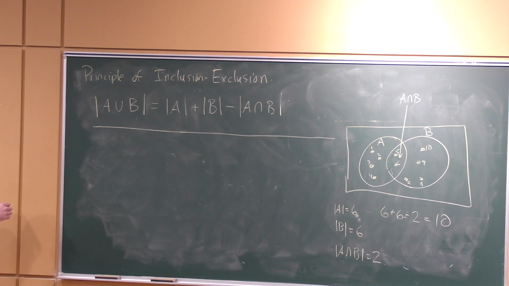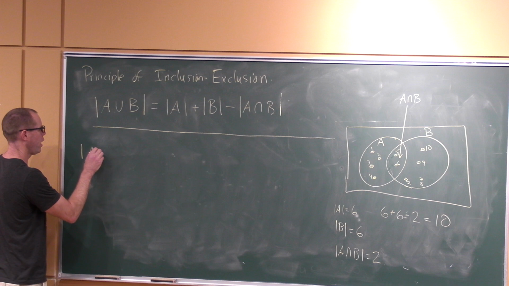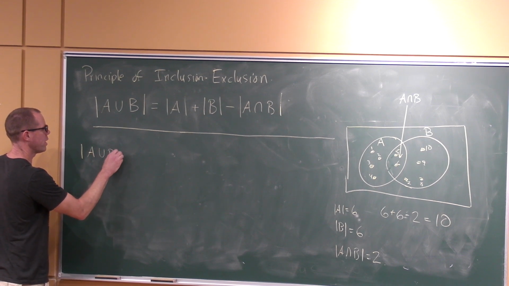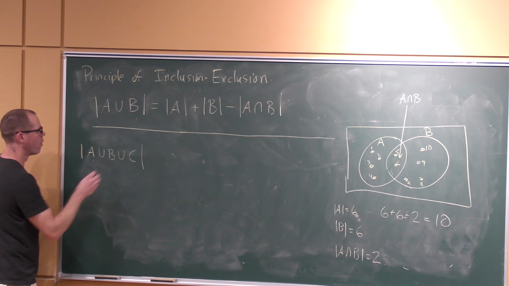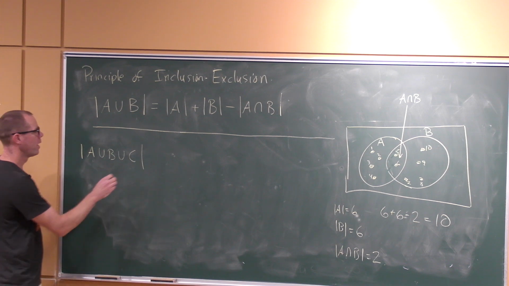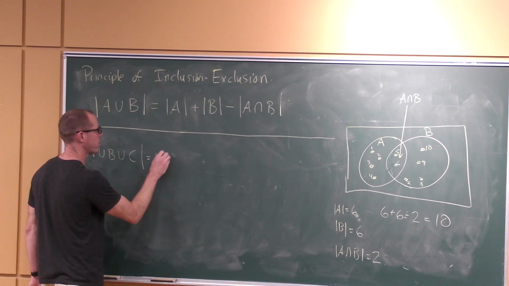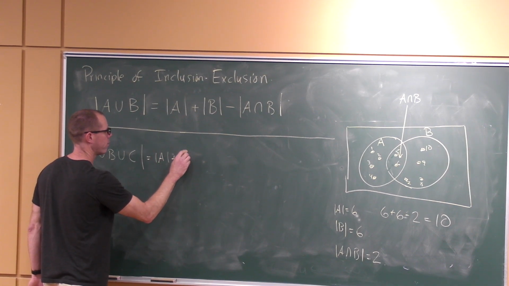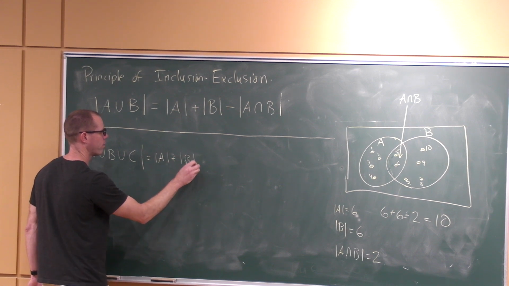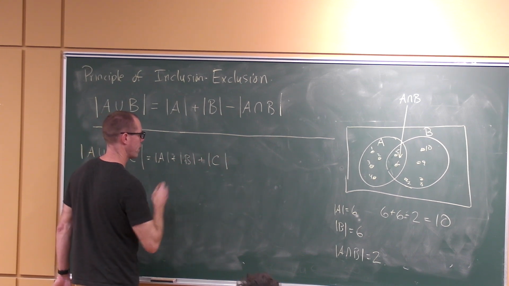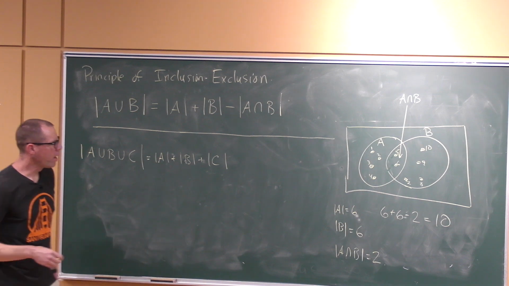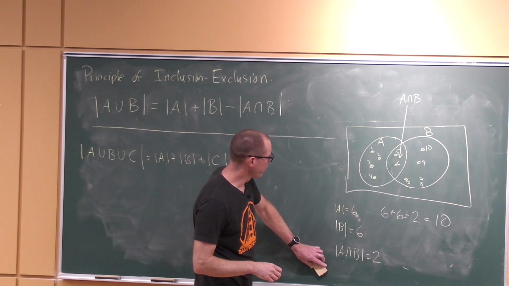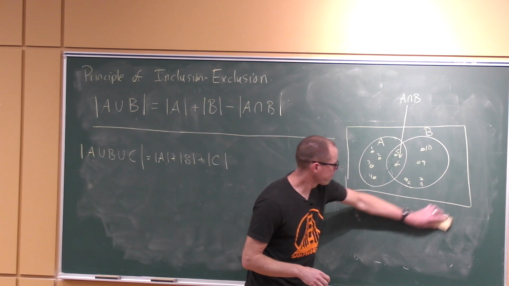So let's do the 3 set version, which is I have 3 sets, A, B, and C, and I want to know the size of their union. I start out the way you would expect. And let's do this with a picture.